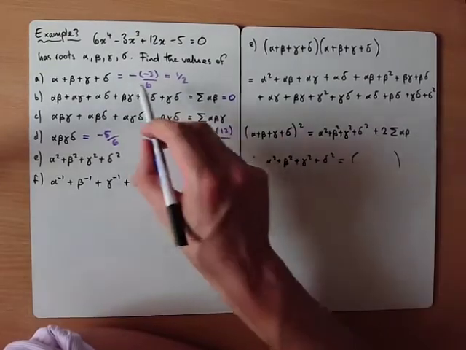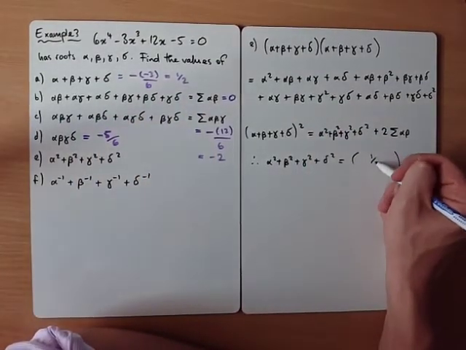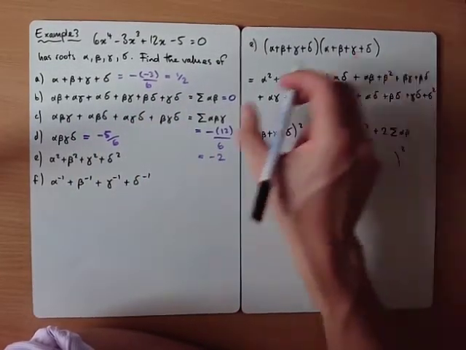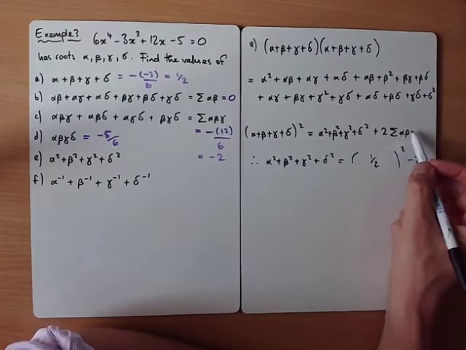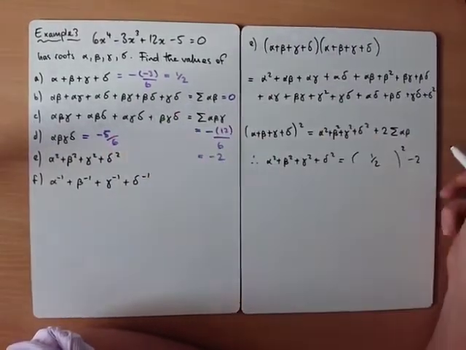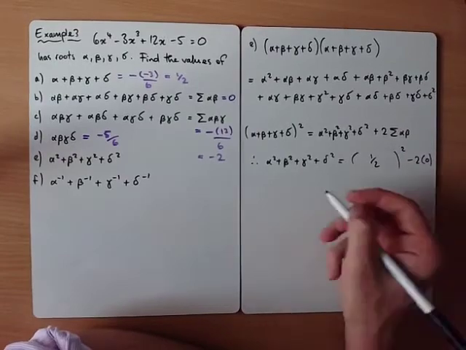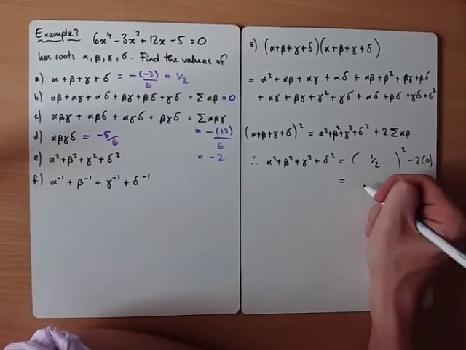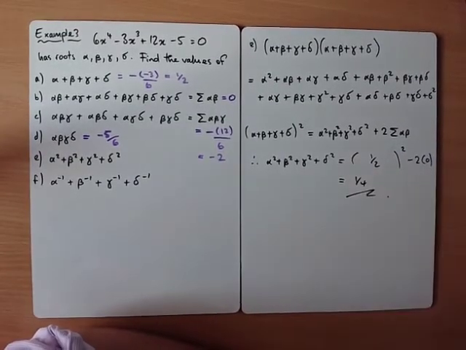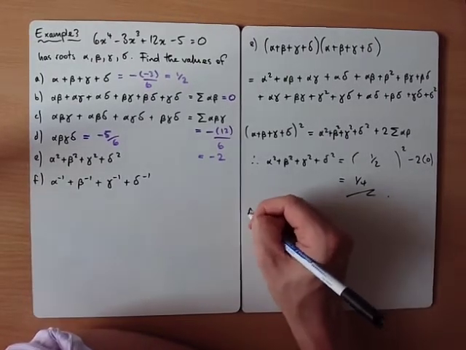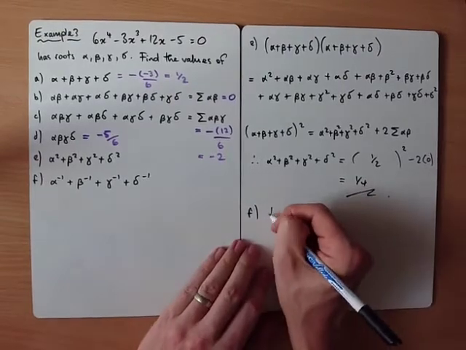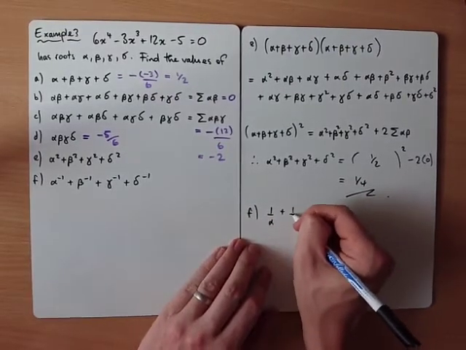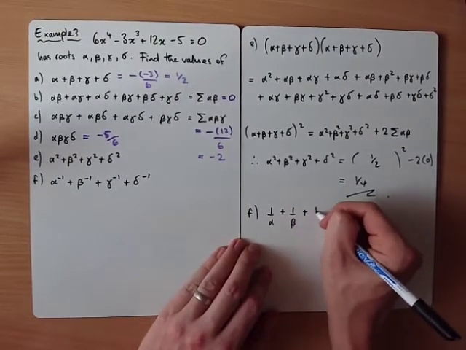So the sum would be a half minus two lots of the pairs, which in this case is 0. So we would just end up with a quarter.